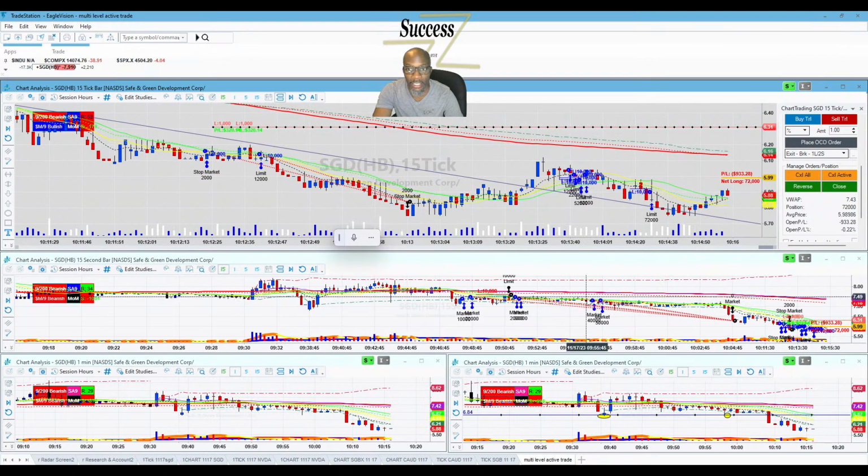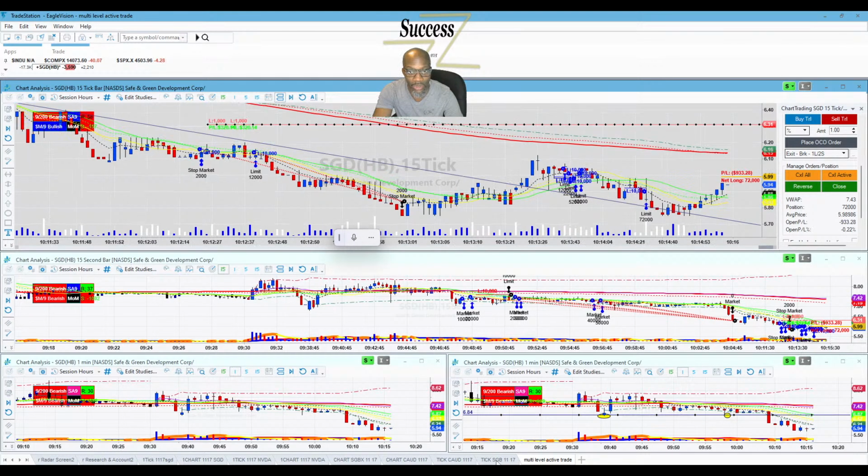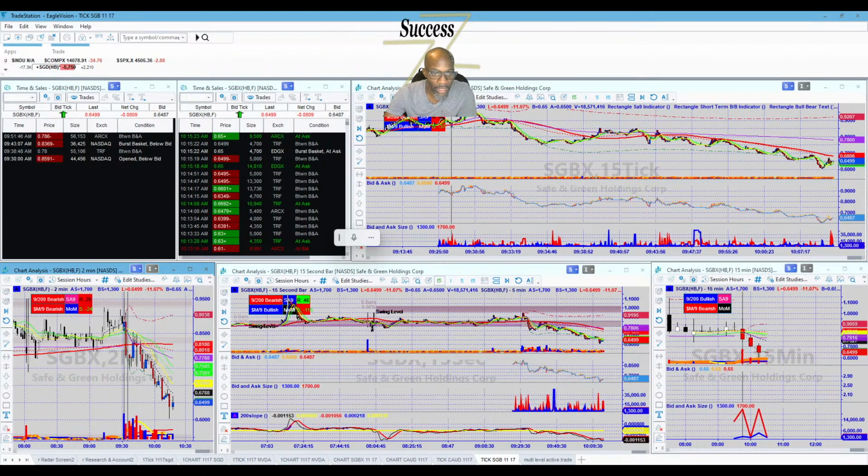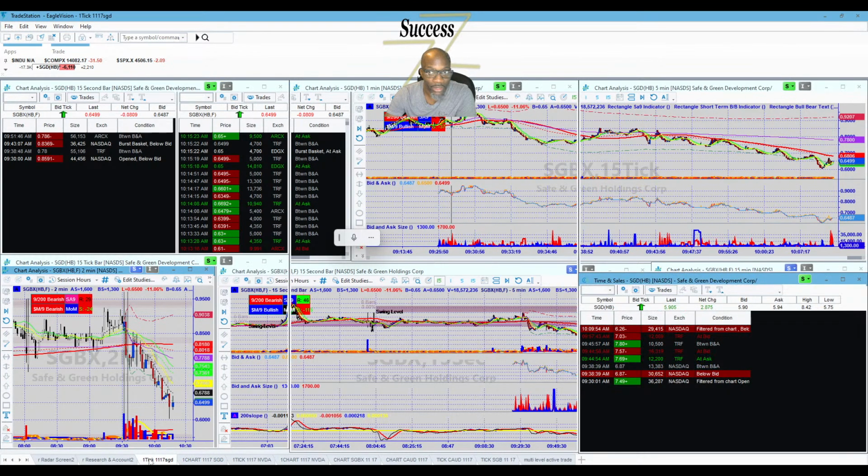I don't know if I like this chart or not. But I can tell you one thing, that on this chart, I'm not using the tick. This is actually the chart. Tick SGD. I don't know why these are not working. Let me see if I can close them.